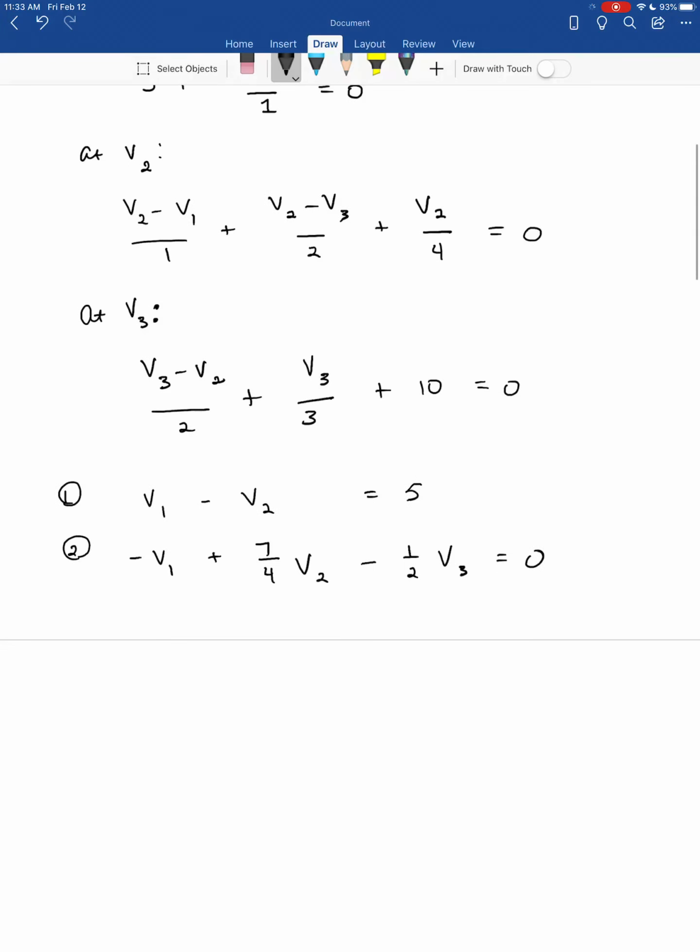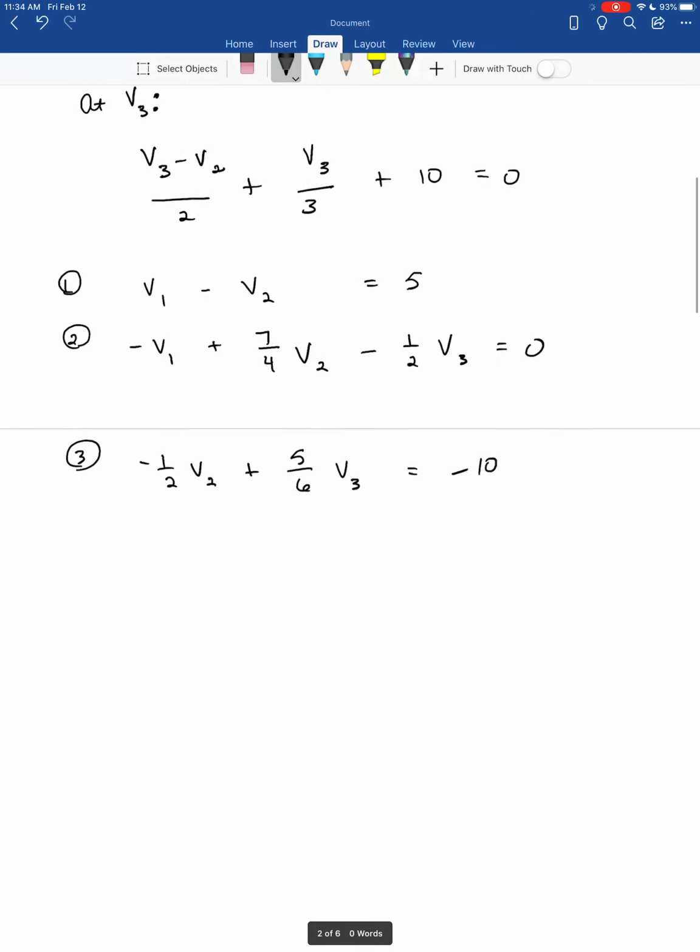Okay, I think that's right. We have plus 1 plus 1/2 plus 1/4 and minus 1/2. That looks good. Okay, and then my third equation, I have minus 1/2 V2 plus 3/6 and 2/6 is 5/6 V3 is equal to minus 10. Okay, I believe barring any math error, that looks good.